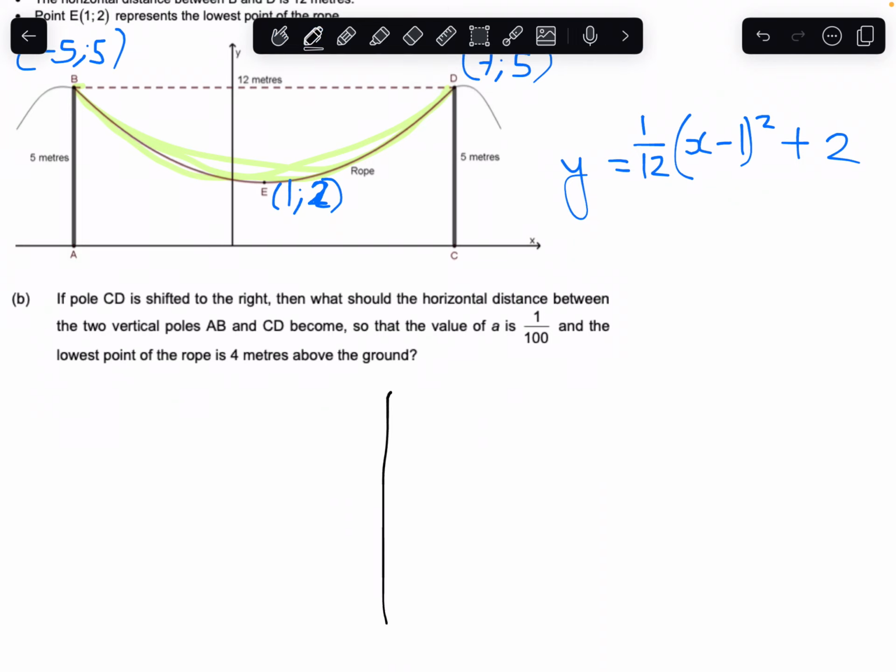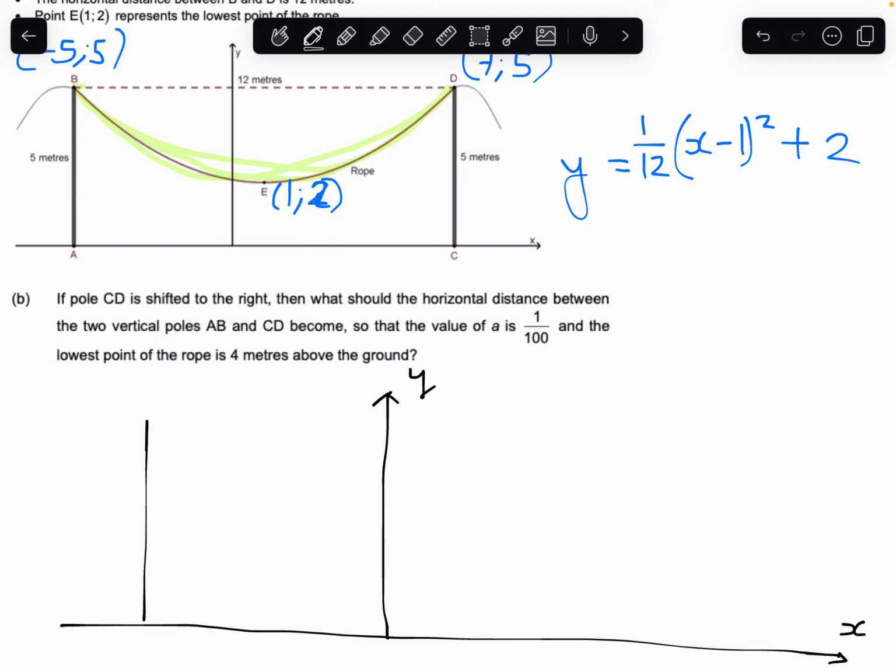So I'm just going to draw a picture of what they want as an outcome. A is going to remain as it is. So this is A, B, and we know that B is negative 5 and 5. And CD is going to shift. Originally it was somewhere here, that's the original CD.